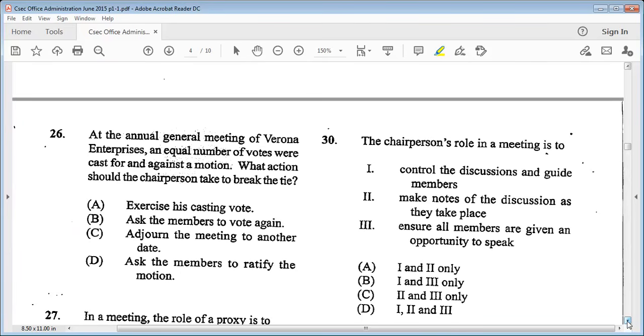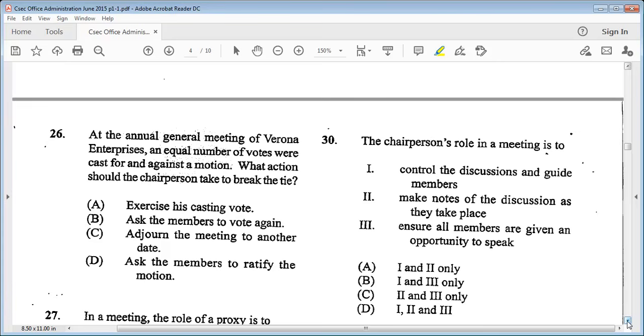Here it says, at the annual general meeting of Verona Enterprises, an equal number of votes were cast for and against a motion. What action should the chairperson take to break the tie? A. Exercises casting vote. B. Ask the members to vote again.